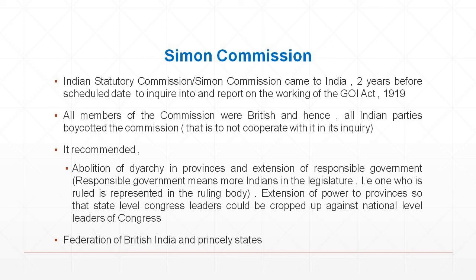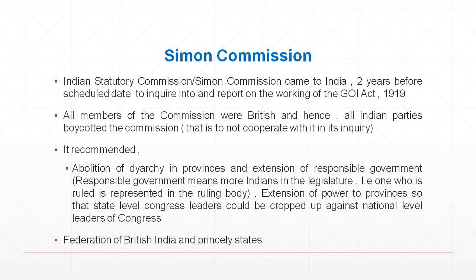The commission submitted its report in 1930 and recommended the abolition of diarchy, extension of responsible government in the provinces, establishment of a federation of British India and princely states, continuation of communal electorate, and so on. To consider the proposals of the Commission, the British government convened 3 roundtable conferences of the representatives of the British government, British India, and Indian princely states.